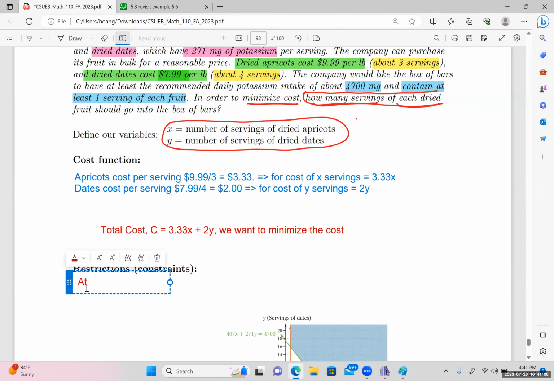At least one serving of x fruit. So that means what? x must be greater than or equal to 1, and y must be greater than or equal to 1. Okay.